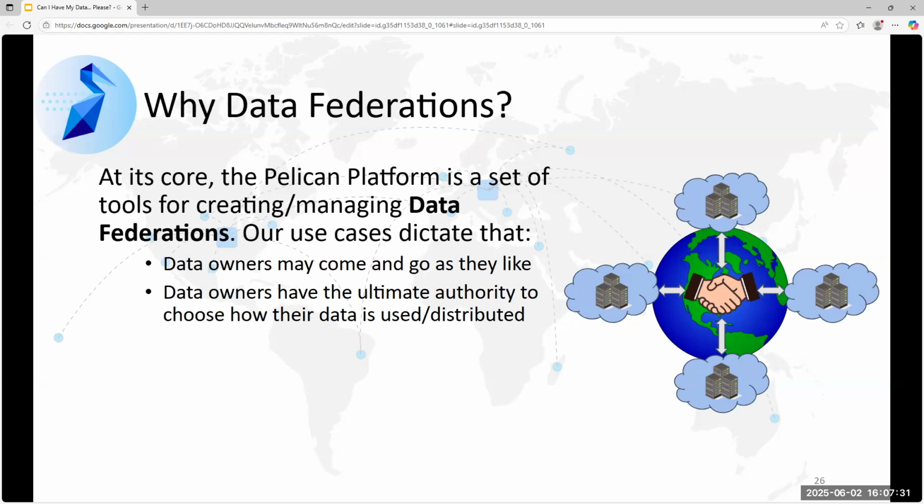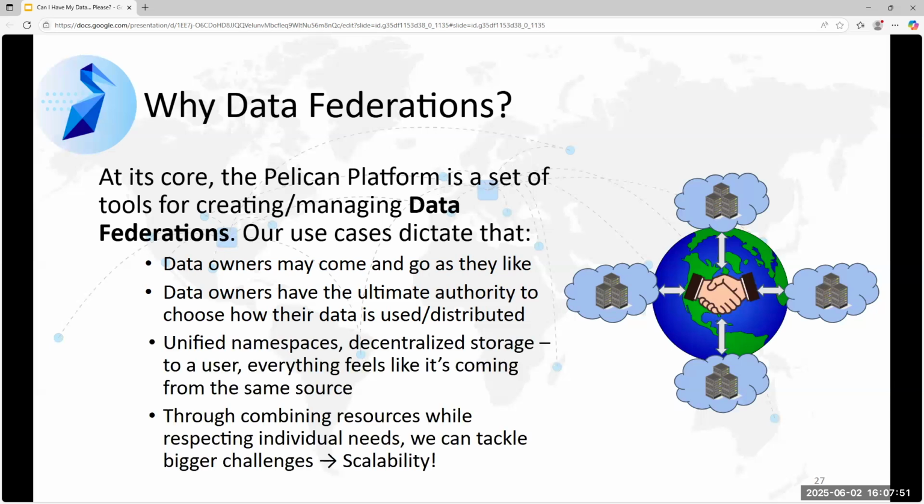First, we need to respect the autonomy of the people who join their data together in these federations. That means that the data owners are able to come and go as they'd like. And importantly, the data owners have ultimate authority and control over how their data is used, distributed, and accessed. So this is the first point, autonomy. The second point is under the category of centralizing your data under some kind of service.